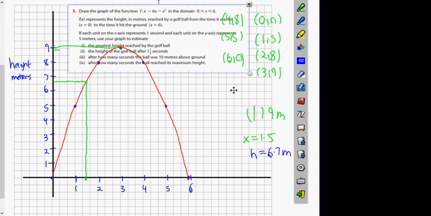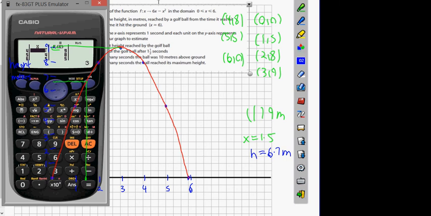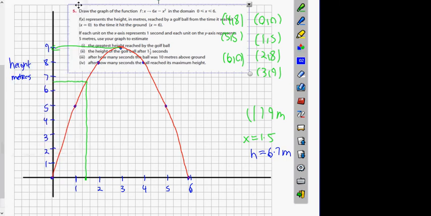Let's check it out again. Let's go to the calculator. It's 6x minus x squared, isn't it? Start 0, 6, step of 1. This time doesn't exist as the maximum height is 9 meters.